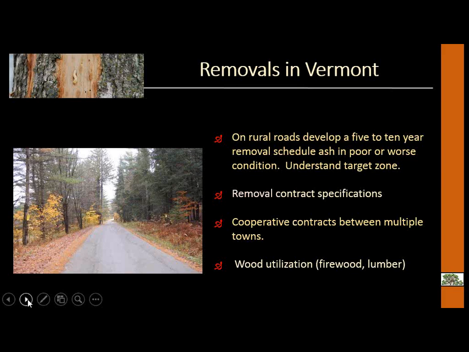Cooperative contracts between multiple towns is another way to control costs of removals: having neighboring or adjoining towns work together on a cooperative removal contract with 1 or 2 firms. That way, the greater volume of trees in the contract shared by these multiple towns should be able to lower the cost of removal substantially.